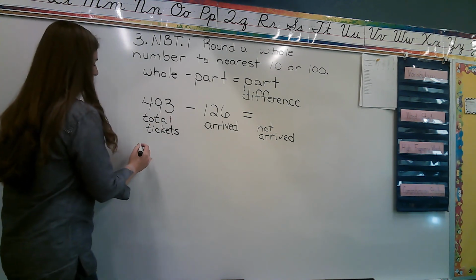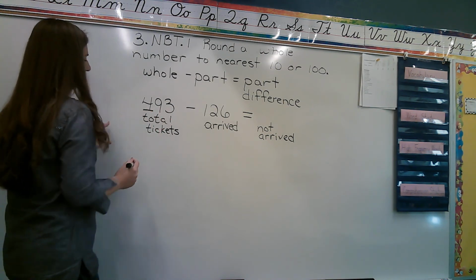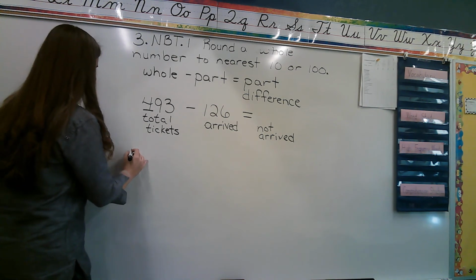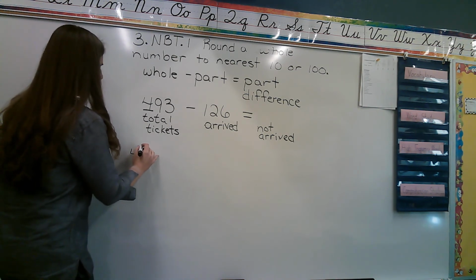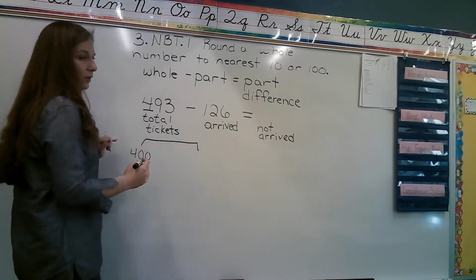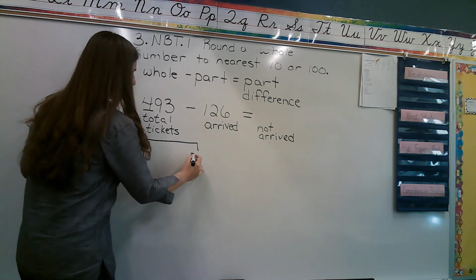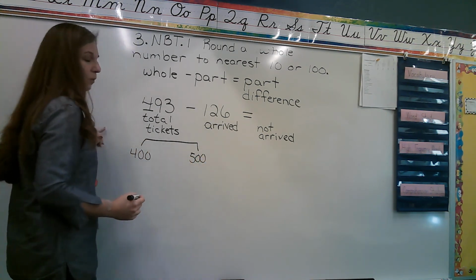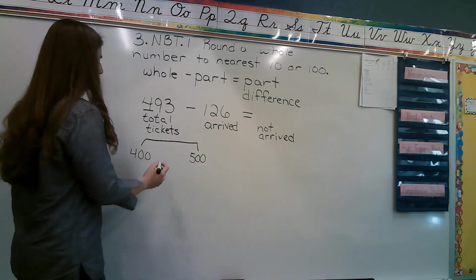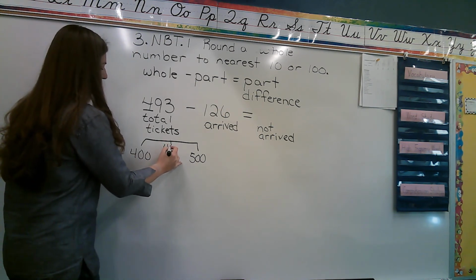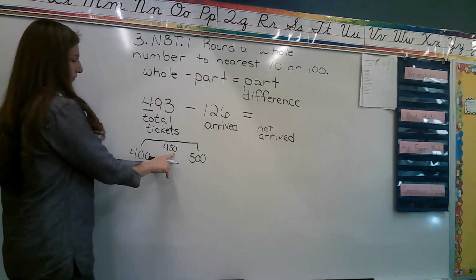So 493, rounded to the closest 100. We have 400 here. And we know the next 100, when we look at our multiples of 10 chart, at each end of that row is our hundreds. So right in the middle, when we're rounding to the closest 100, is 50.